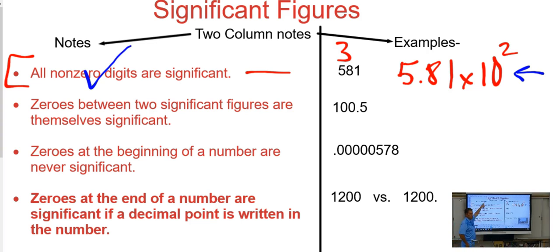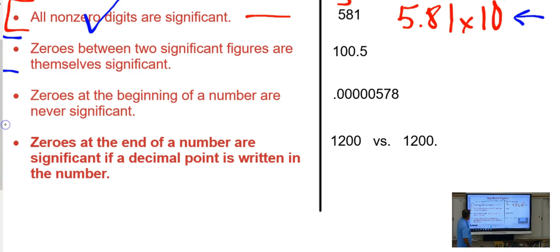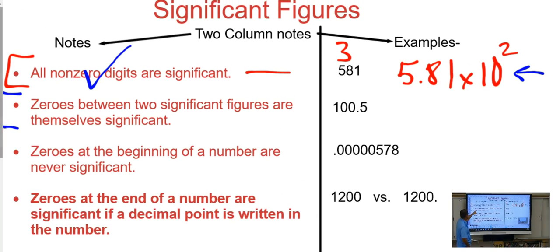That's the easiest one. If it's not a 0, count it. All right. These sometimes are called sandwich zeros. Zeros between 2 significant numbers are themselves significant. So both of these zeros in here matter because they're between non-zeros.